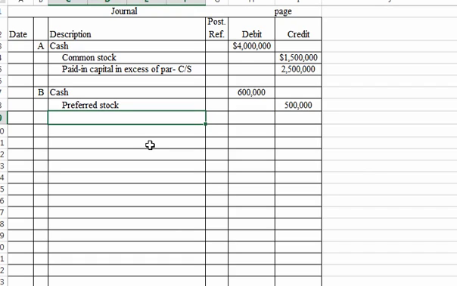So the account we're going to credit for the difference, that's for the amounts received above par value for the shares when they're issued, paid in capital in excess of par dash preferred stock this time.